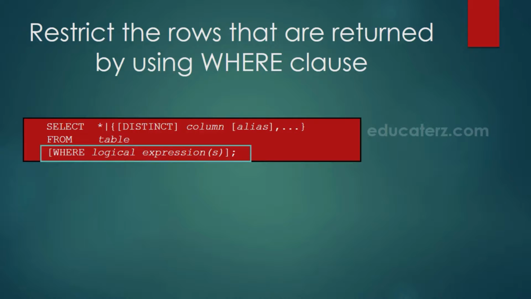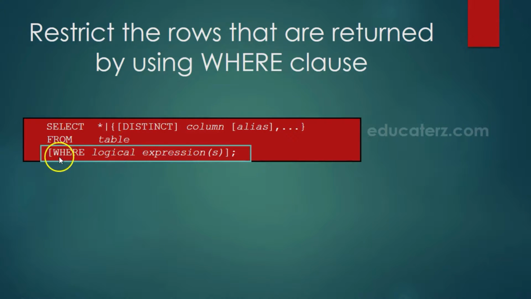Restrict the rows that are returned by using the where clause. So, let us see the syntax of the select statement, also consisting of the where clause. Look at this. We have select, star, or distinct. This is optional. And we have column names, alias names, other names for the columns, comma, like we have a column list, from table name. So look at the where clause.